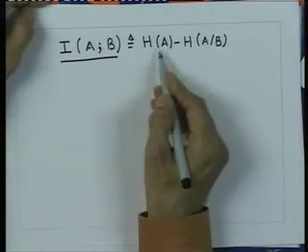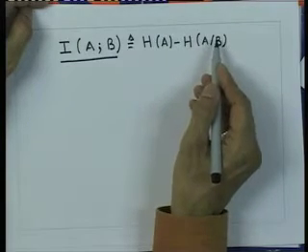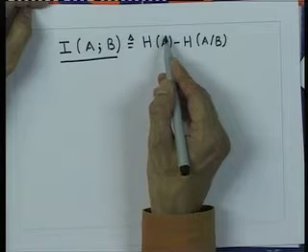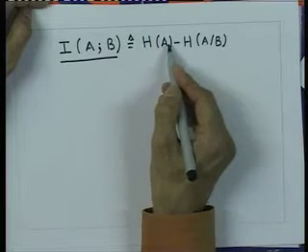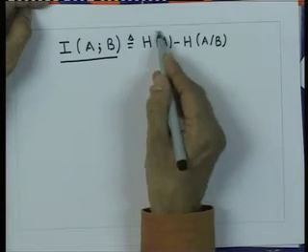Another way to interpret this is that before I observe the output symbol B_j, the uncertainty of the event A was given by the entropy of the source.